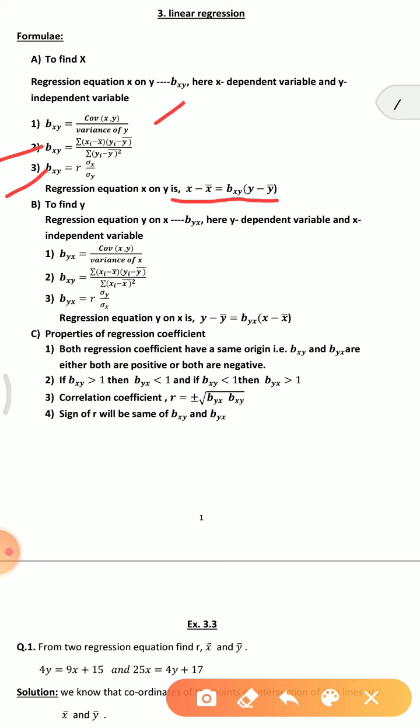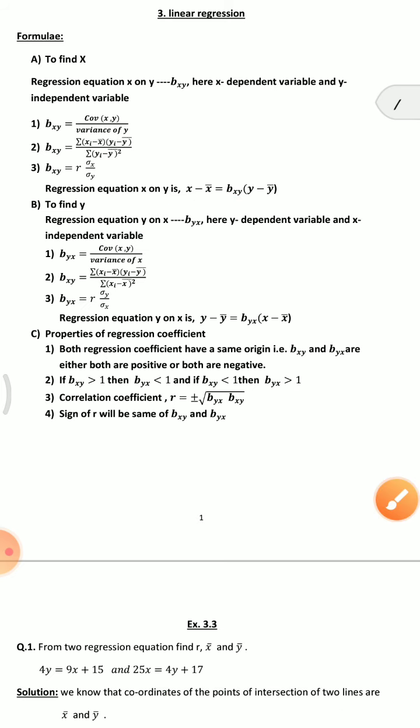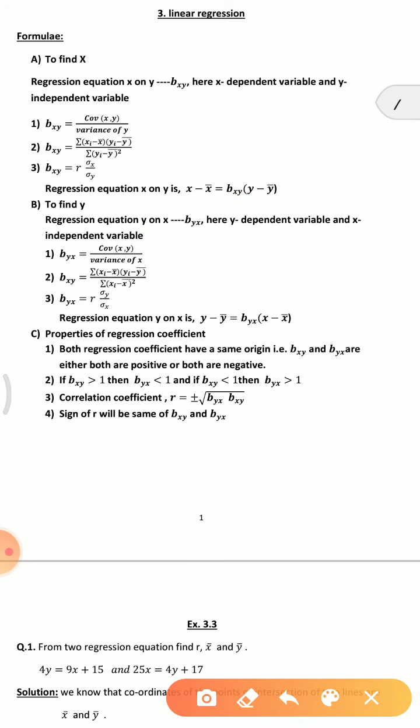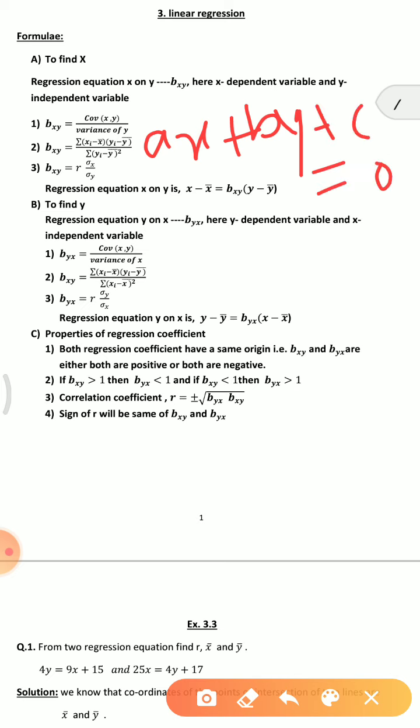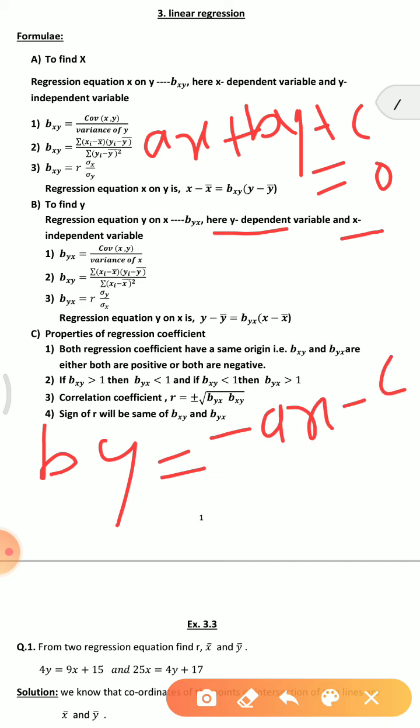Then for y, that is the regression equation y on x, we have to find b of yx. Let us see how we find b of yx. In the same way, take the equation ax plus by plus c is equal to 0. Here y is the dependent variable and x is the independent variable. by is equal to minus ax minus c, shifting to the other side.